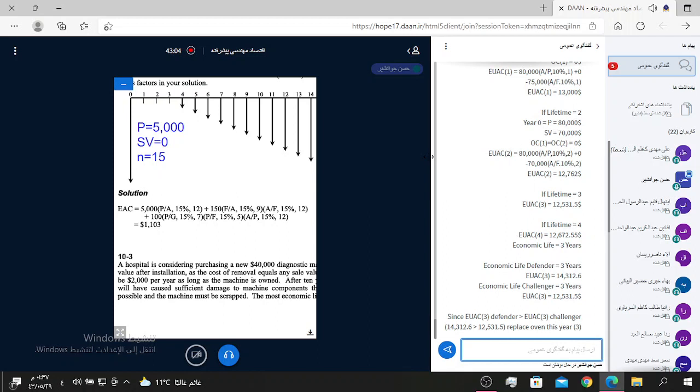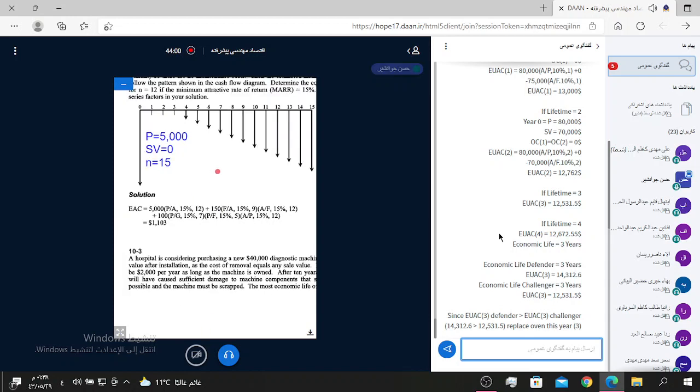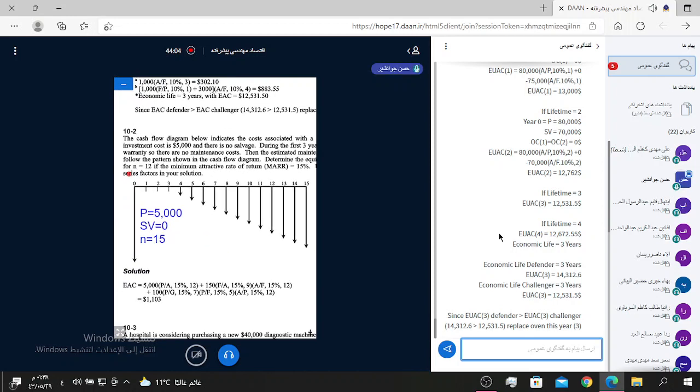P is 5,000, SV is 0, N is 15. UAC is 5,000 (A/P, 50%, 12 years), for N equal to 12.